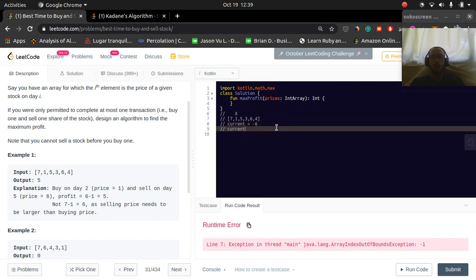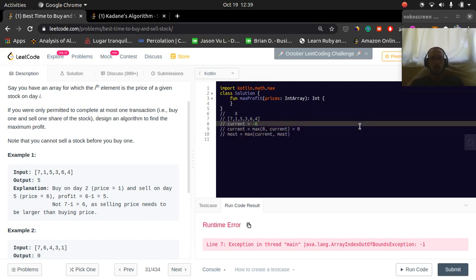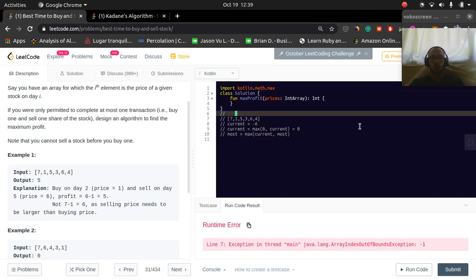So we'll set current equal to the max of 0 and current. And so in this case, it's 0. And the most we've seen so far is going to be the max of current and most. And so we'll initiate most to 0. We'll say up here, most equals 0.